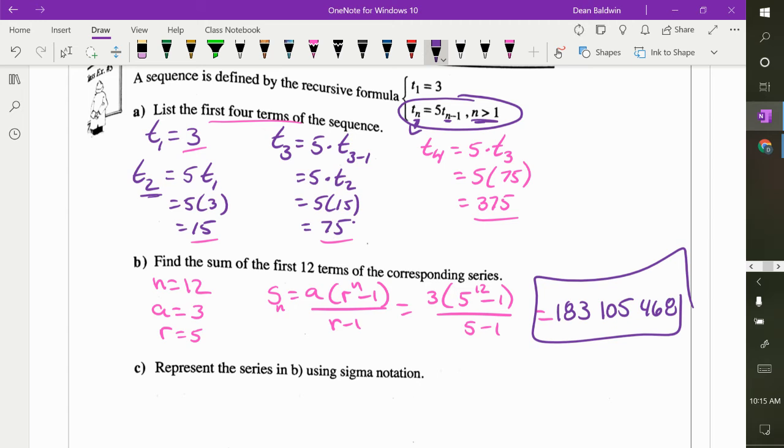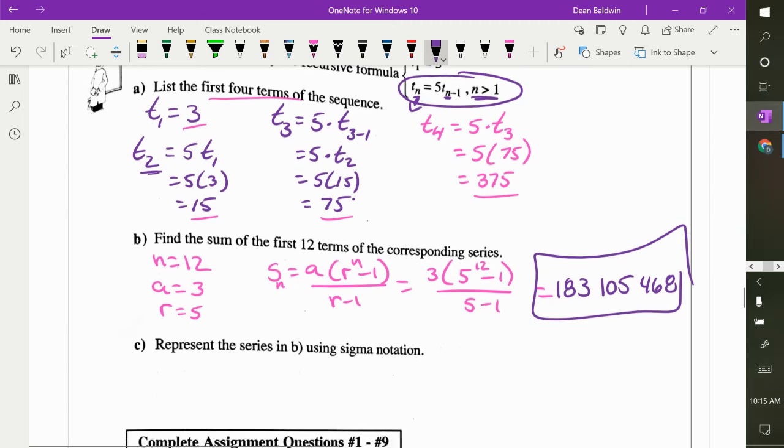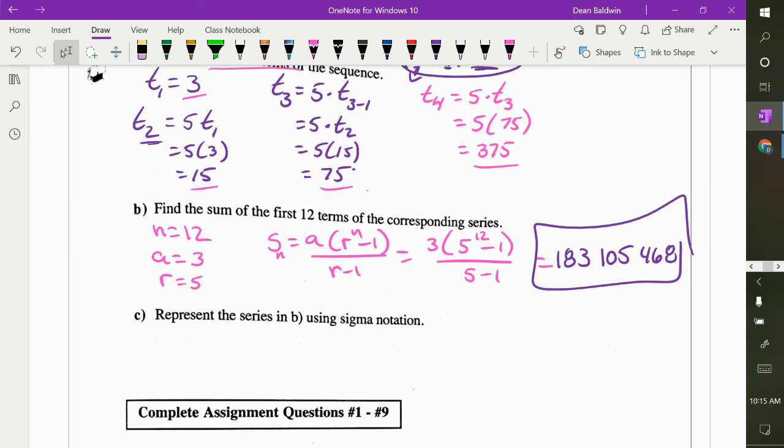It should be a big number. 183 million, 175. 183,105,468. Yeah. You got it right. Thank you, Dante, for validating me. Everybody agree with that? Yeah.